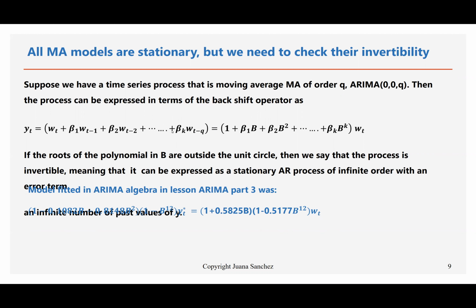So what we do is just take out the W term and realize that the backshift operator lags the variable, and just write this polynomial instead of W_t plus beta 1 W_{t-1} plus beta 2 W_{t-2}, we can write 1 plus beta 1 B plus beta 2 B squared plus ... plus beta k B to the k, and multiply everything by W_t, with the understanding that the B, which is the backshift, will apply the lagging to the W_t.